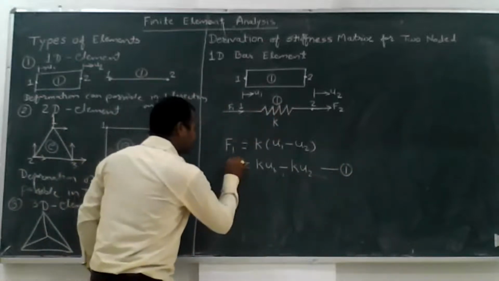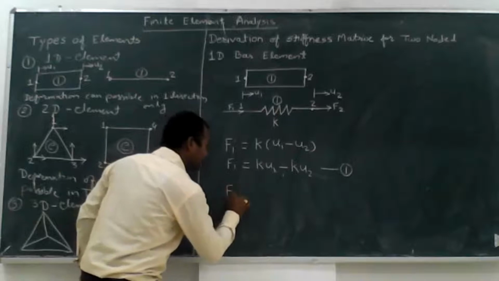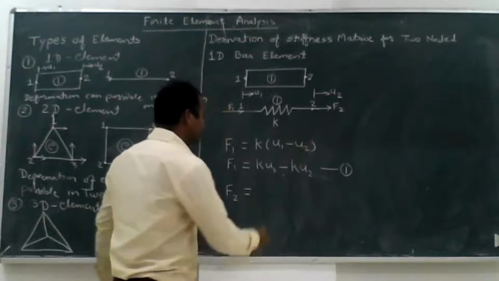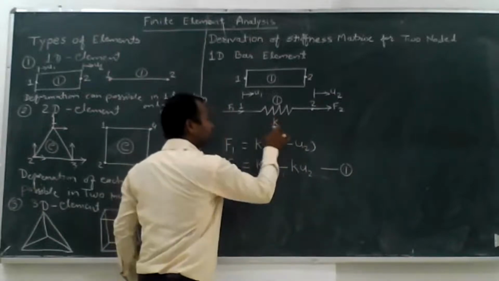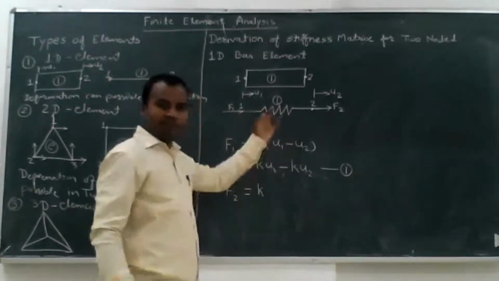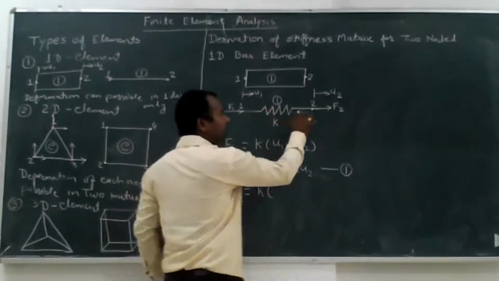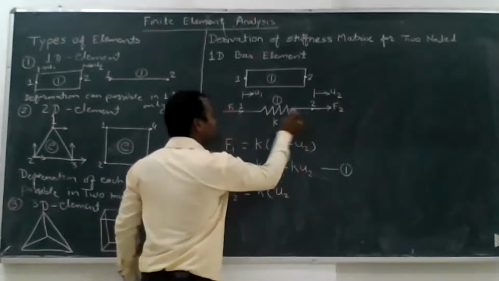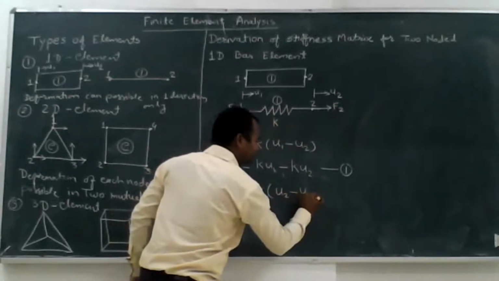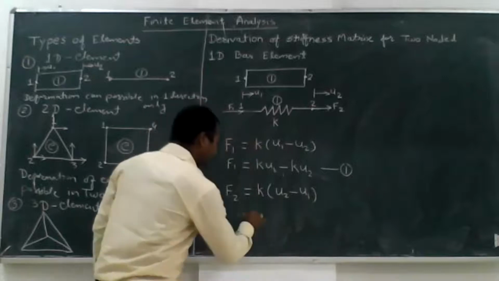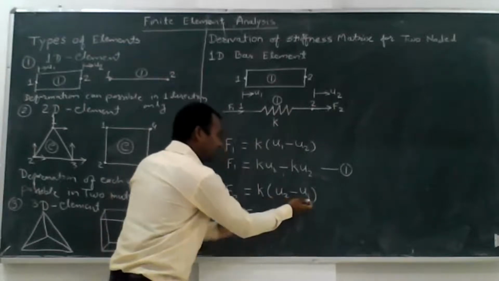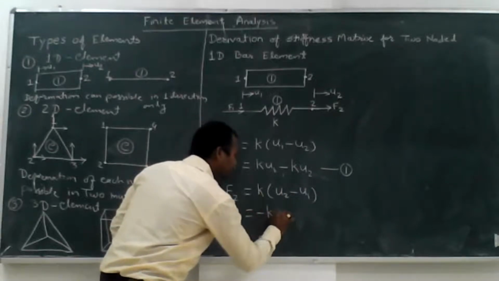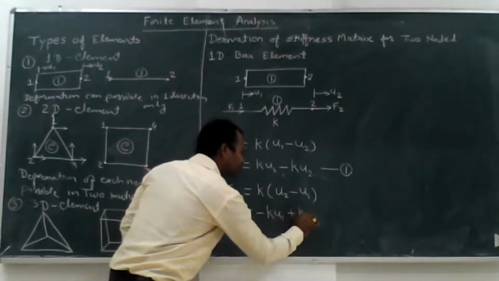Thereafter, the force equation for F2. The stiffness for element number 1 is again K, and we are finding the force for node 2, therefore the deformation is U2 minus the deformation of node 1, that is U1. If we simplify this and write U1 first, it is minus KU1 plus KU2.